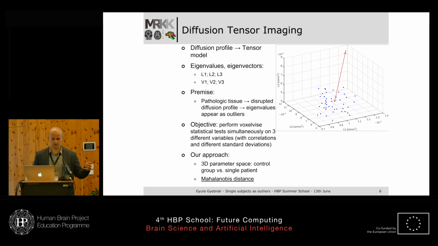After that, we calculate which distances are significant, and we assume that these outlying points, those voxels which can be considered to be outliers in a normal distribution, correspond to pathologic regions in the brain.